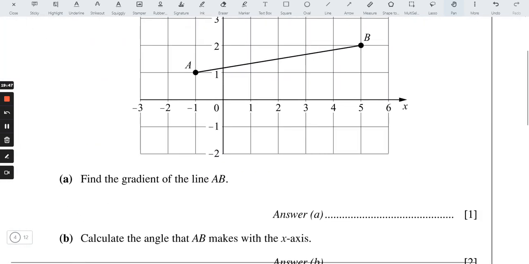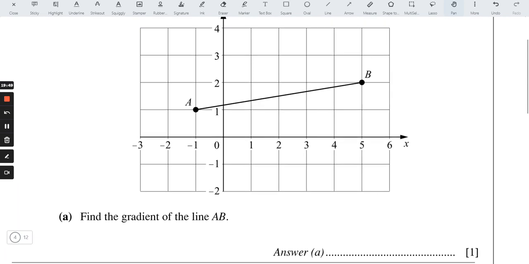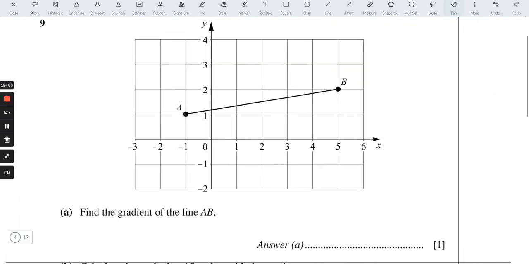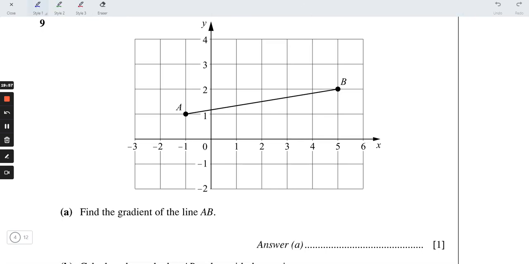Now here in this question, we have a diagram for a linear graph. Find the gradient of the line AB. The gradient of the line AB means the slope, and we know that the slope is rise over run.